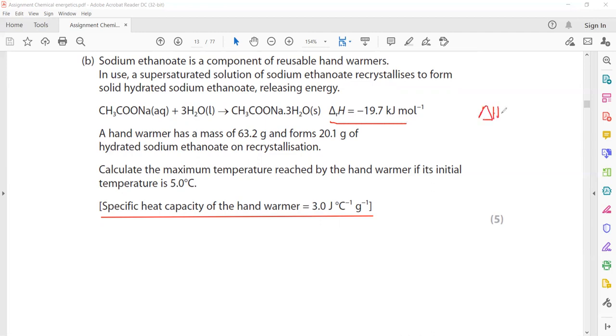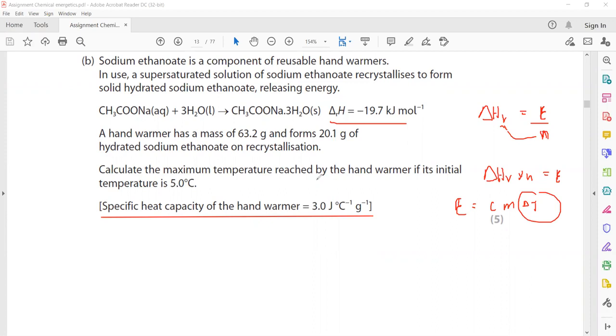Enthalpy of the reaction, that is energy divided by mole. So if we multiply delta H, the enthalpy change, by moles, we'll get how much energy will be released. And from the energy released, we can use the formula E equals Cm delta T. We can work out the temperature change, and from the temperature change, we can work out the final temperature.